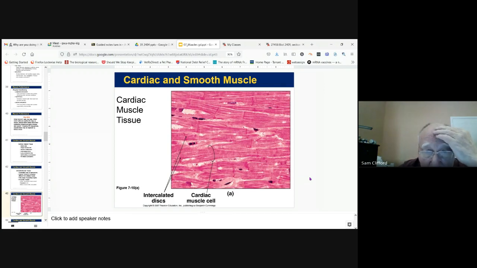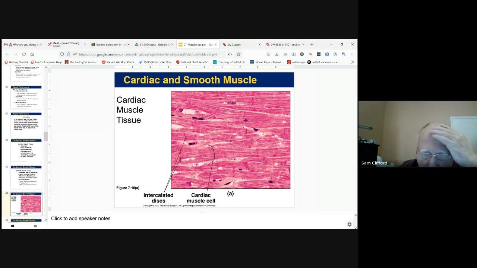So cardiac muscle has the intercalated disc, and it has, notice, the striations, which are the little lines that go across the long axis of the muscle.